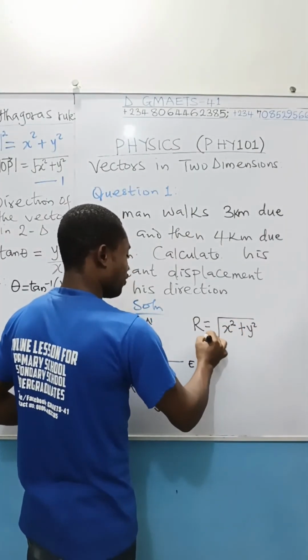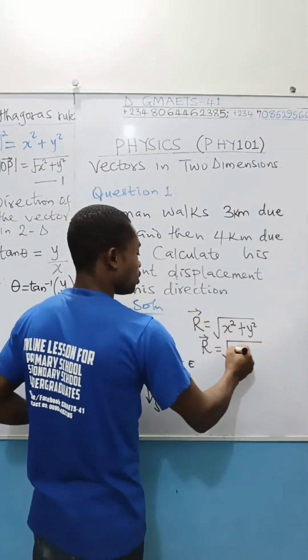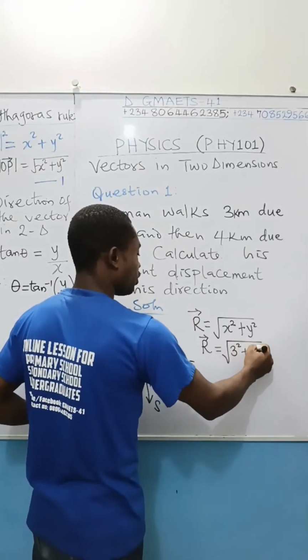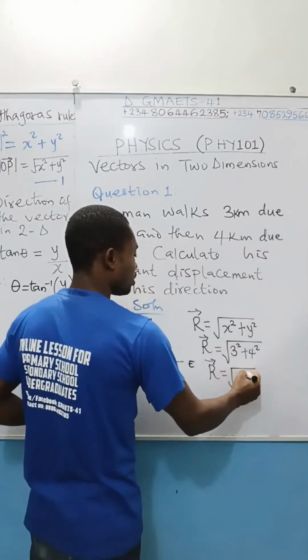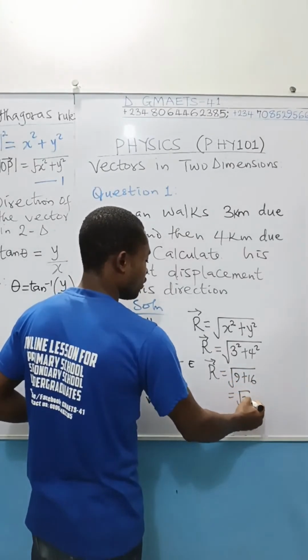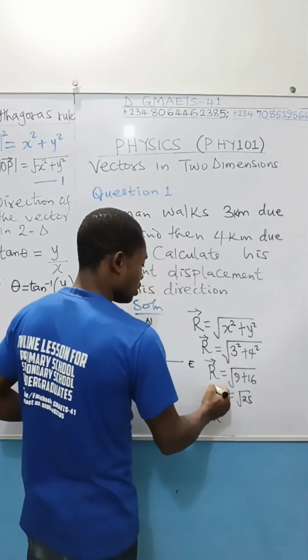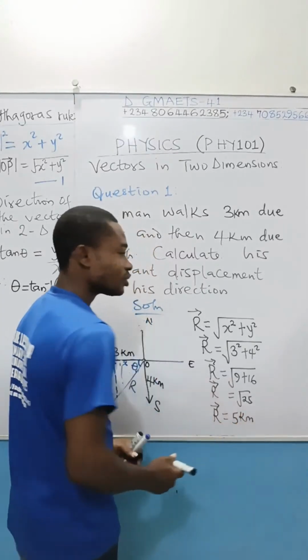So the resultant vector is equal to the square root of 3 squared plus 4 squared. If you solve this, you get 9 plus 16, which gives the square root of 25. And then the resultant will be equal to 5 kilometers.